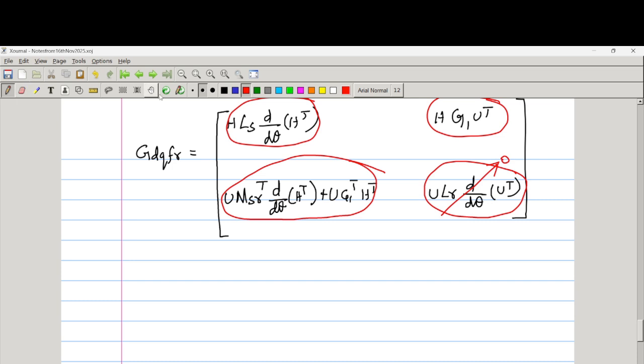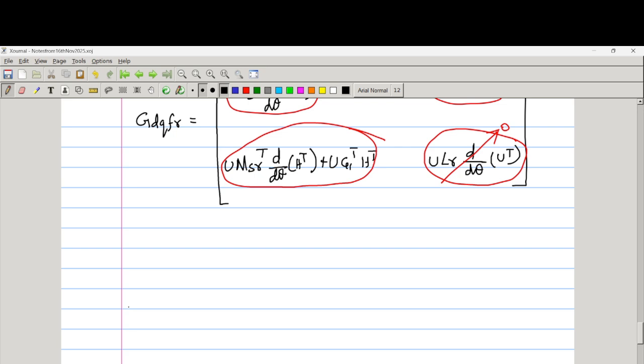So when we do this further, we first have to calculate HLS d by d theta of H transpose. When we do the multiplication, we will get 0 minus LS 0, then LS 0, 0, 0, 0, 0.